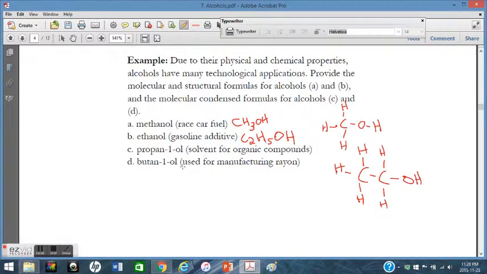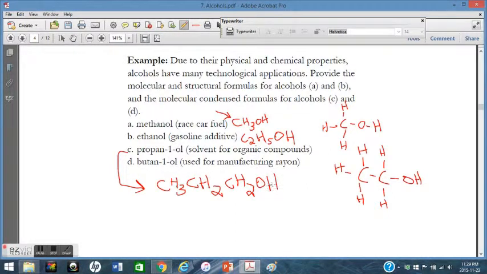Alright, so propan-1-ol, in terms of a molecular condensed formula, now we can do a condensed structural formula. A molecular condensed formula is actually what I was doing already here. Propan-1-ol is going to be CH3, CH2, CH2OH.